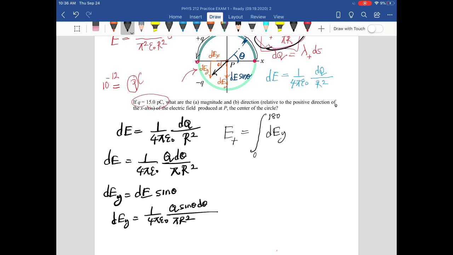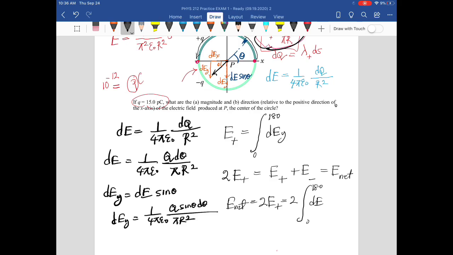So that will give the net contribution from the positive rod. The total contribution is 2 times E plus, the contribution from the positive rod, and the contribution from the negative rod is the same. So this is going to be the E net, the electric field at point P. So E net equals 2 times E plus, equals 2 times the integration of dEy from 0 to 180.